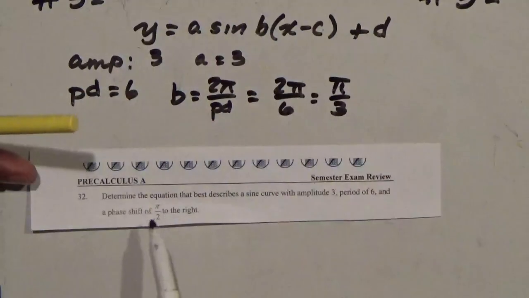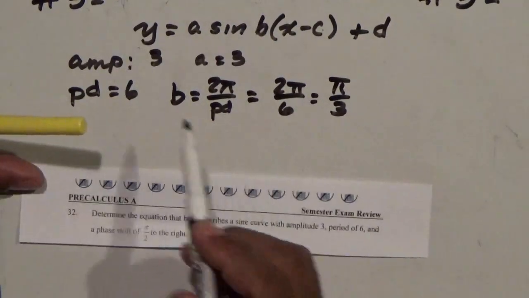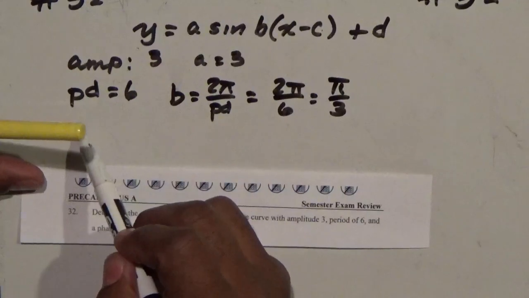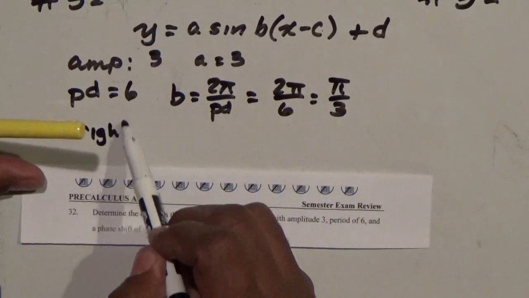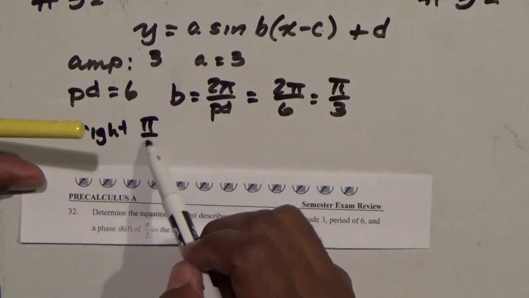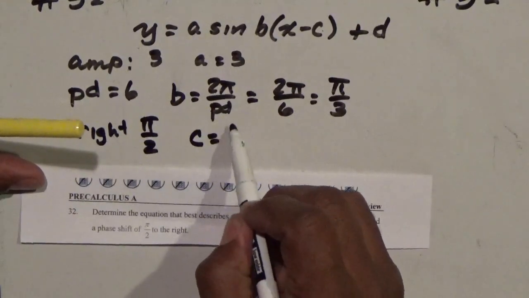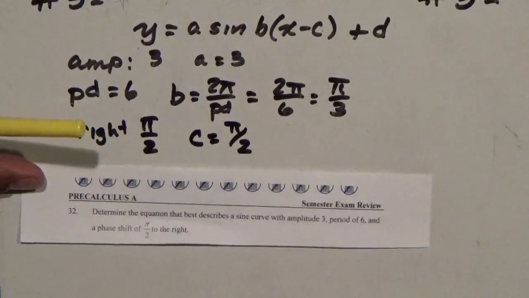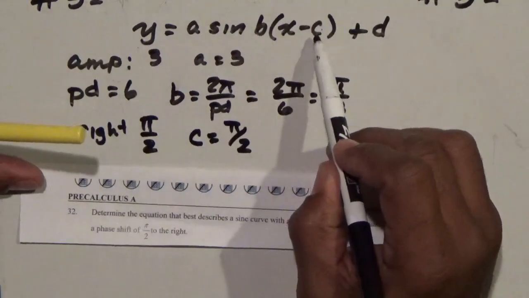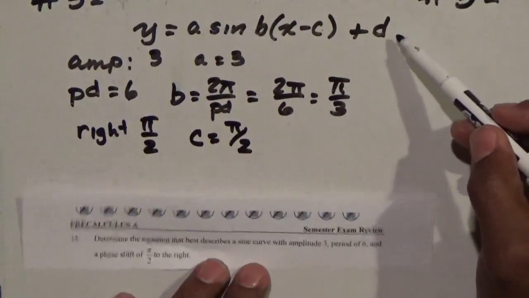There is a phase shift of pi over 2, so that's letting us know that c is equal to pi over 2. But when we put it in the equation, it's the opposite, and there isn't a vertical shift.